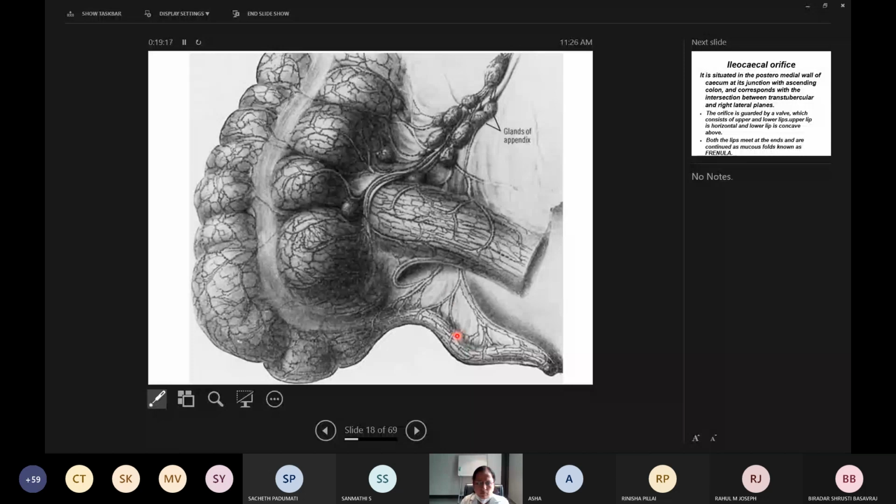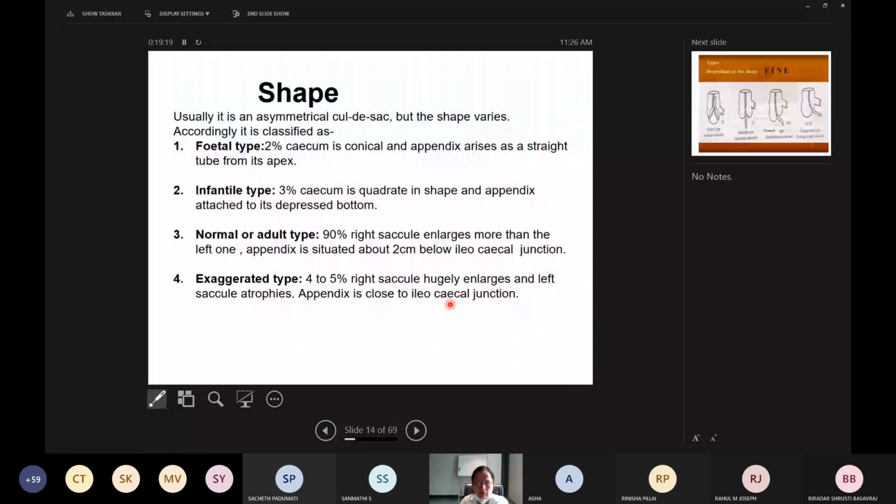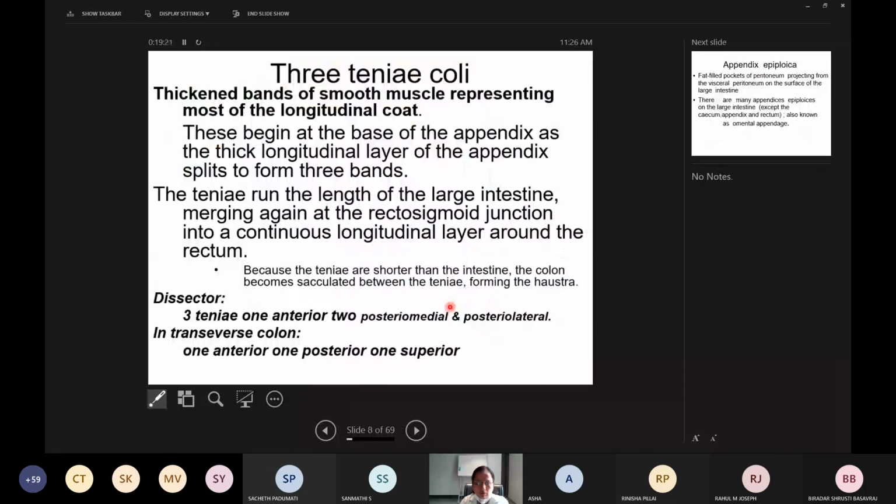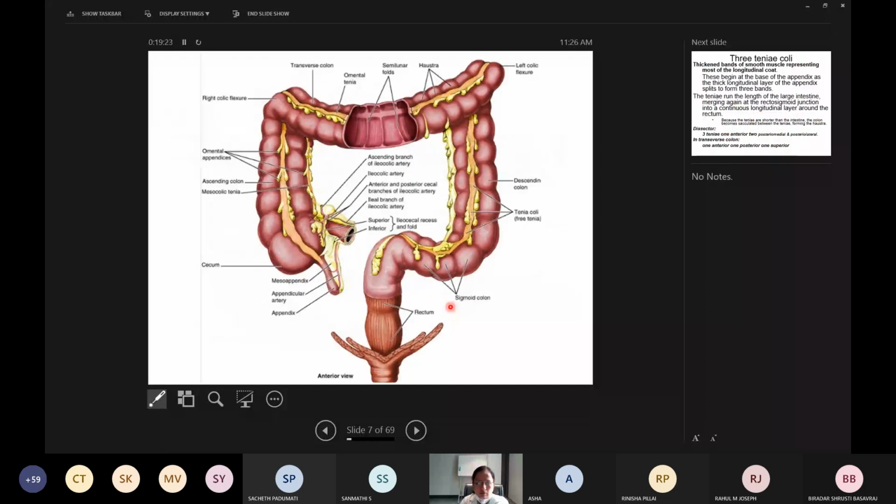Here you can see the superior and the inferior ileocecal folds. The arteries reach here, the anterior and the posterior cecal arteries.